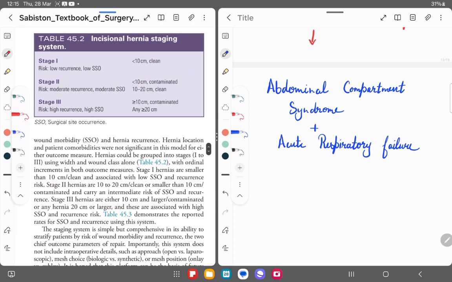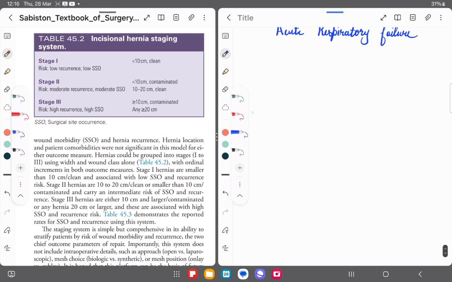So in order to assess this staging system, we need to know what surgical site occurrence is. So this was a term first introduced by the Ventral Hernia Working Group in 2010.